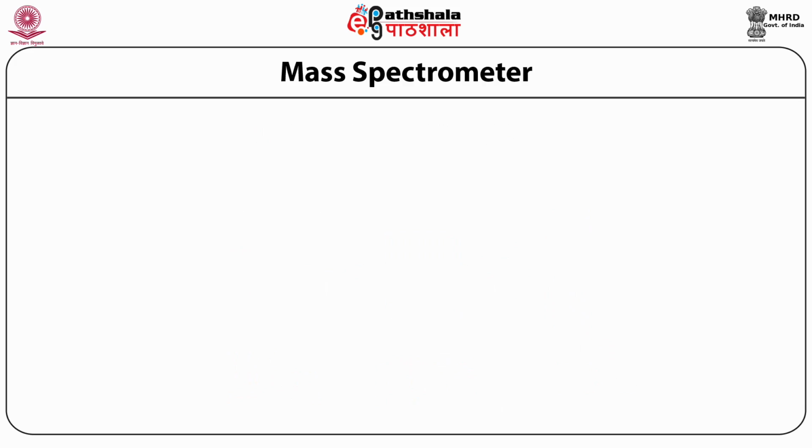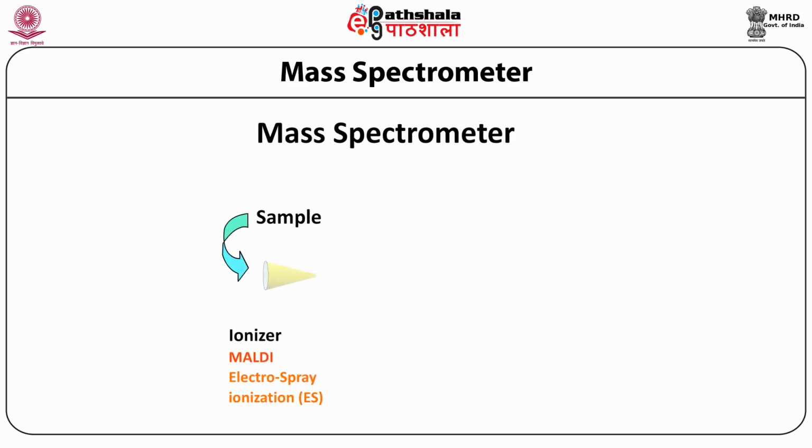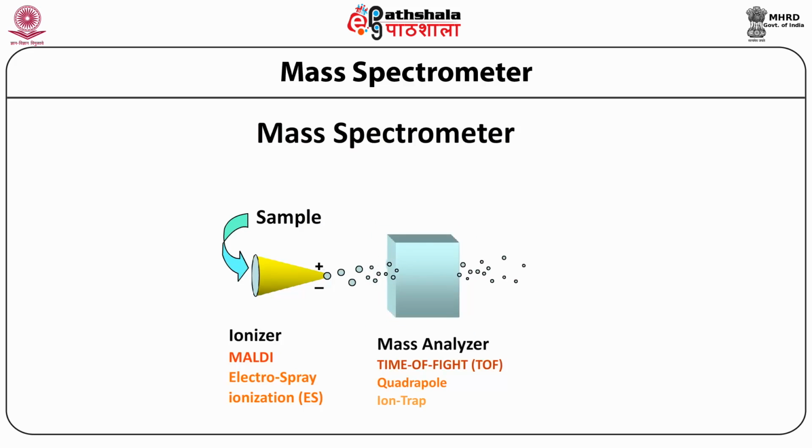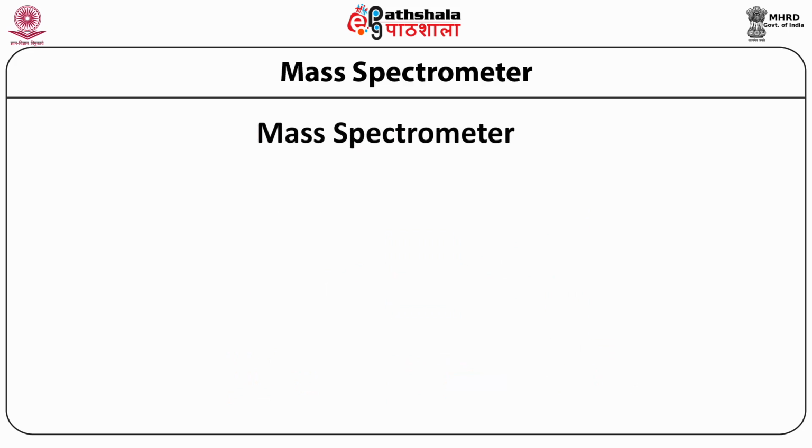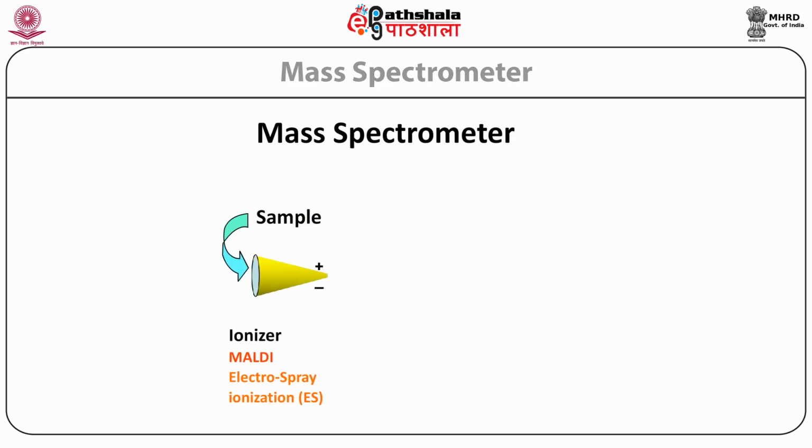Then these samples further proceed towards the mass analyzer where they are segregated on the basis of their mass, charges and relative abundances. And lastly, they will be detected with the help of an electron multiplier.